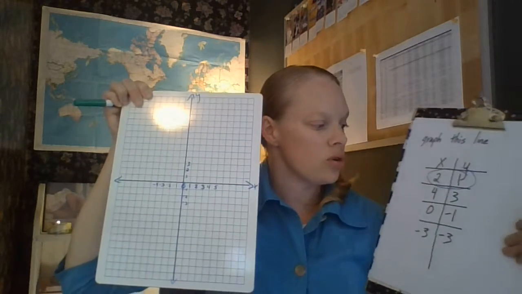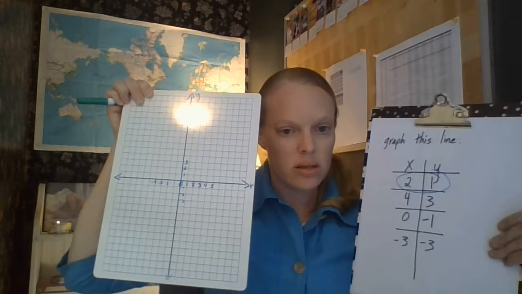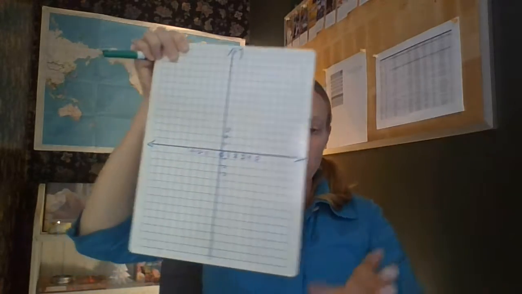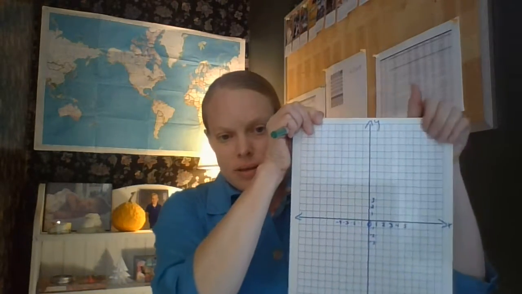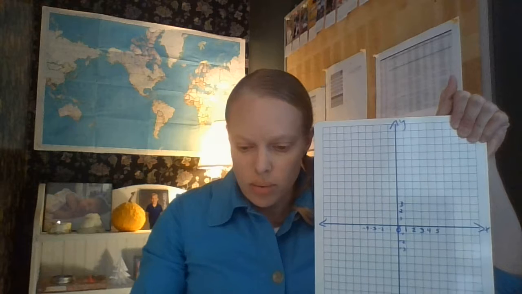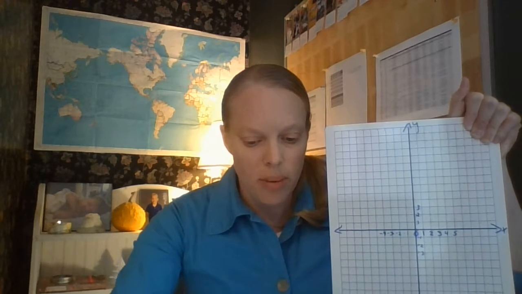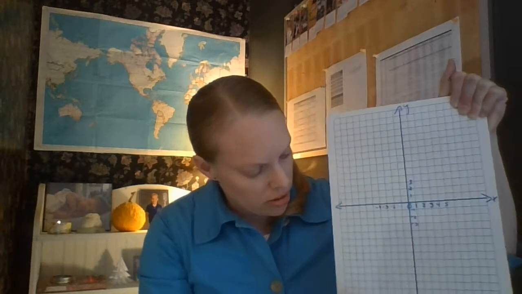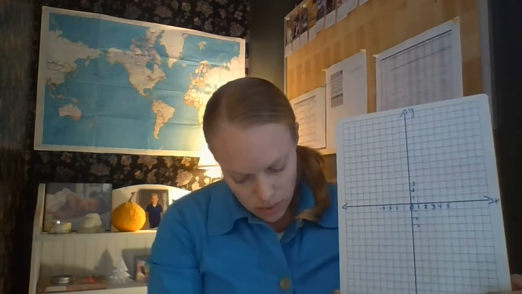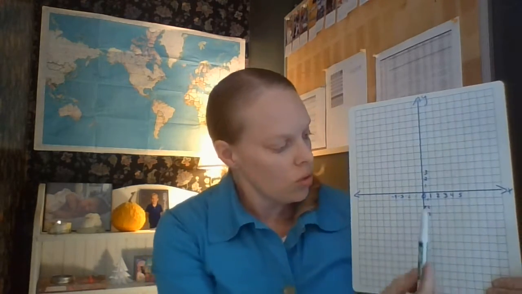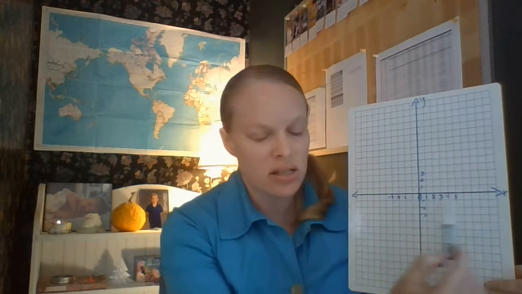Okay, so we're looking for 2, 1. So the x is 2, the y is 1. Okay? So if you've ever played Battleship, or if you just remember this from when you were little and you were learning graphing, all we have to do is go 2 over, because x is over.